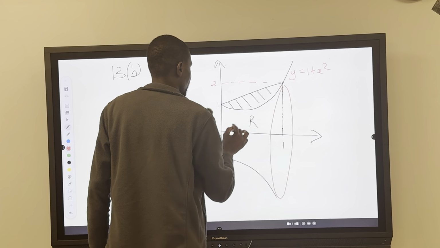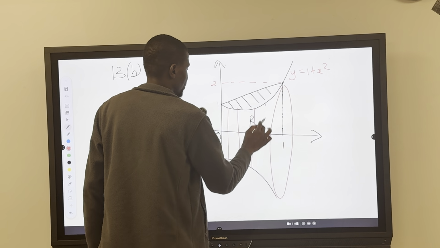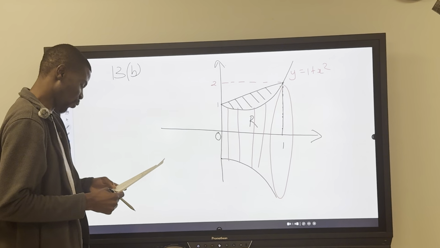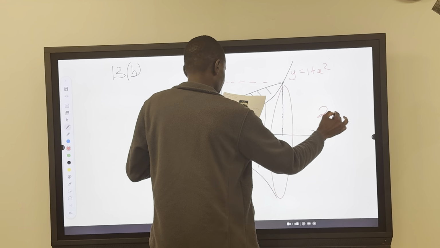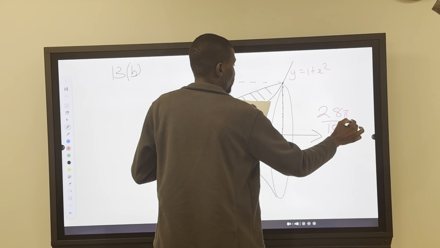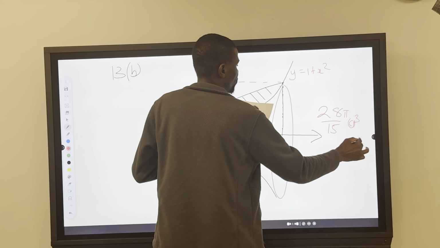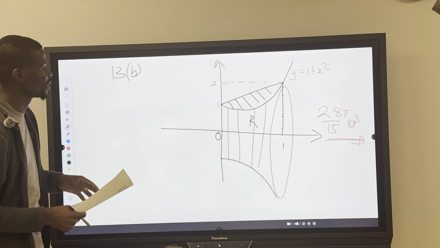This is what you want to show, that it's equal to 28 pi over 15 cubic units. All right, let's go ahead and solve this out.